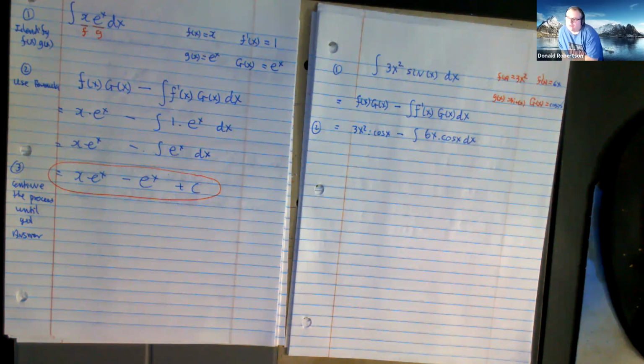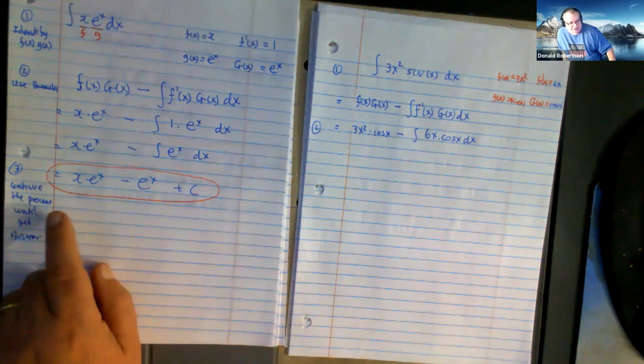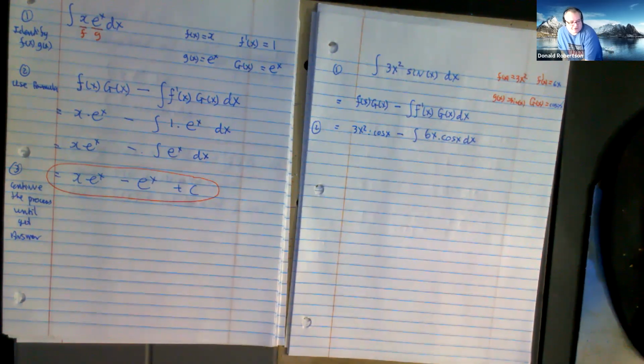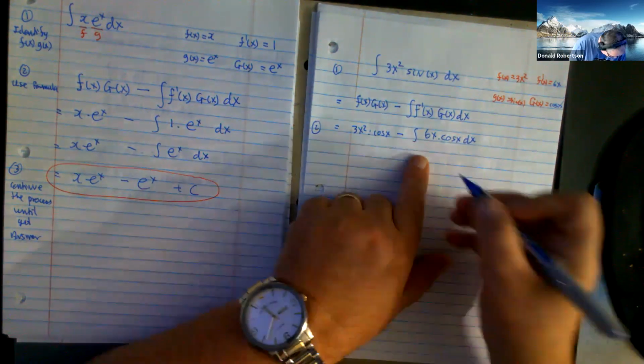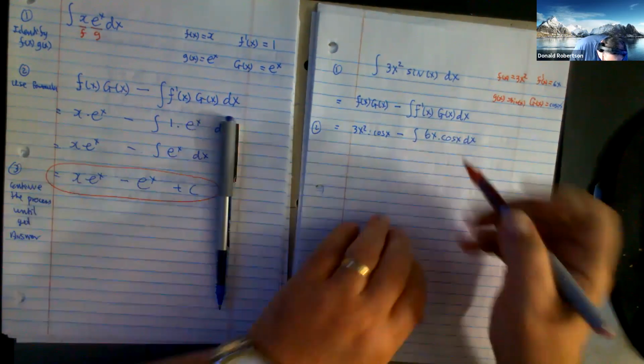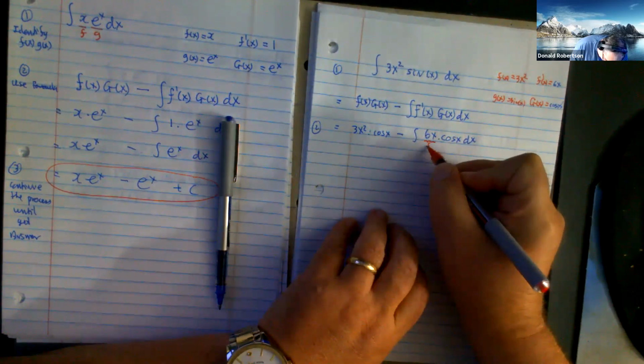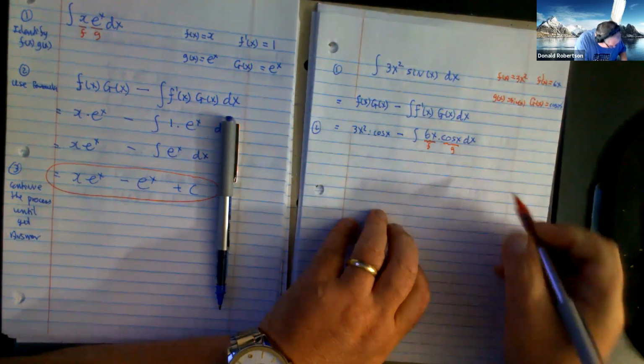Isn't L'Hopital's rule more of a process, really, than just a formula, right? So what you do, and that's why step 3 here is, continue the process until you've got an answer. So I don't know what the answer to this is yet. So this guy's going to be my F, and this guy's going to be my G, just because I can.